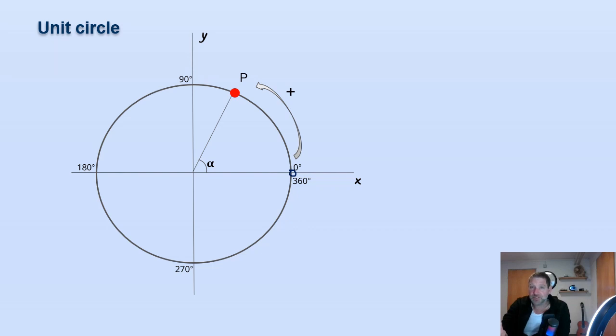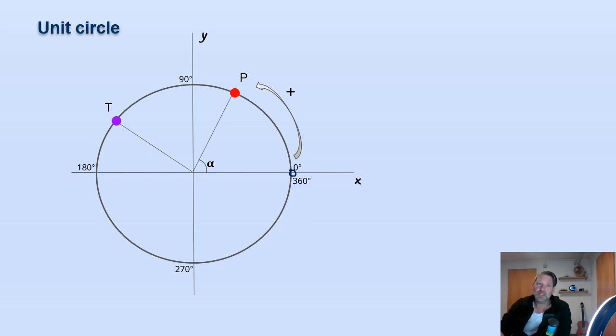at your starting point. So here you can see point P is somewhere between 0 and 90 degrees. I think it's closer to 90 than to 0. So maybe something like 70 or something close to that. If we continue walking on the circumference, we wind up at point T, right?